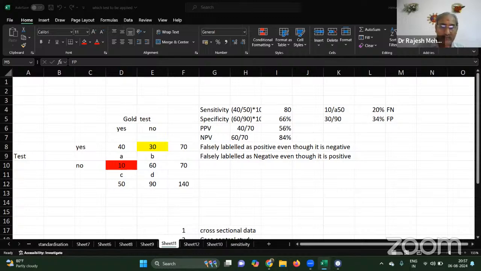You have to choose one. Suppose the price is the same for both. So what will you choose? Give me the answer. Highly sensitive test or highly specific test in a community program? Tell me the answer.